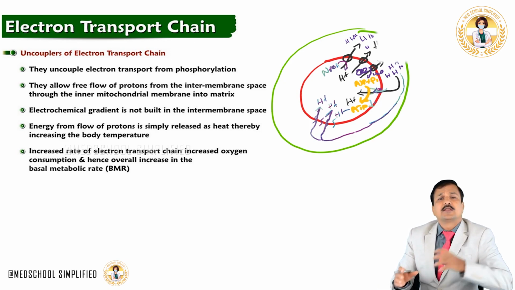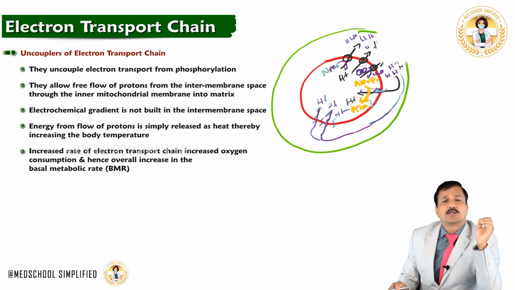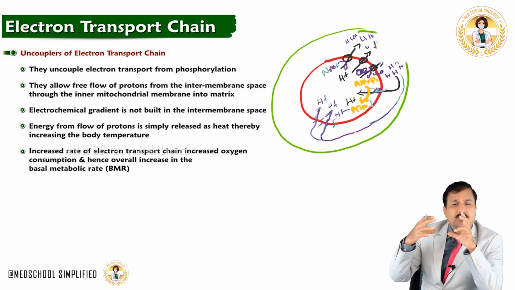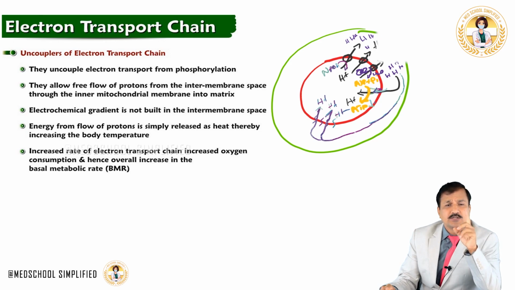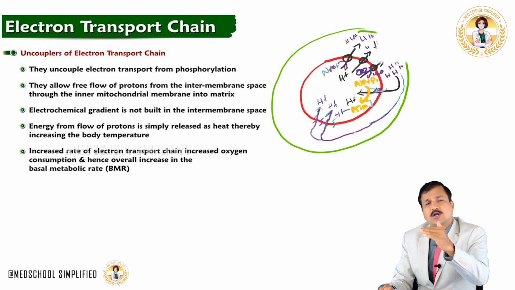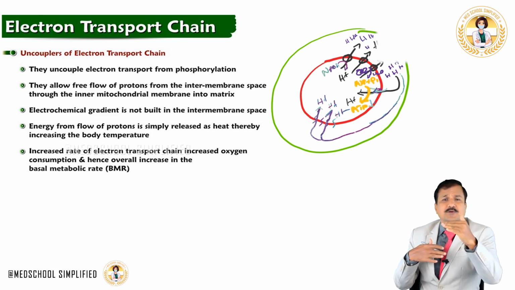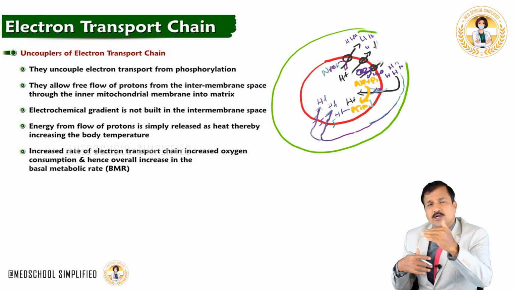So what they are doing is allowing the electron transport chain to continue, but they are not allowing sufficient phosphorylation of ADP to make ATP by ATP synthase, because the proton gradient is not built, because protons are leaking through uncouplers. That is why these molecules are called uncouplers, because they simply uncouple electron transport from the phosphorylation process. Electron transport is going on continuously.